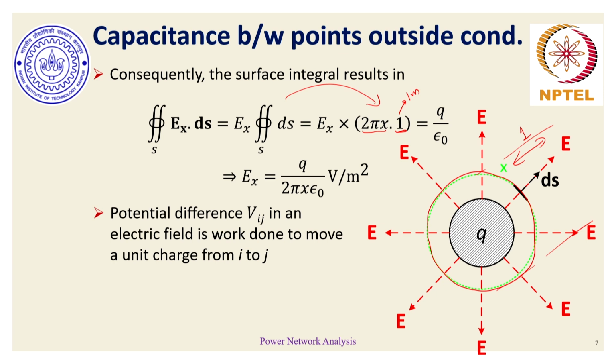Potential difference, in its basic definition or from a layman's perspective, is nothing but the work done to move a unit charge. A unit charge could be 1 coulomb, 1 microcoulomb, 1 nanocoulomb, depending on what unit is to be considered. It is the work done to move a unit charge in the presence of an electric field.